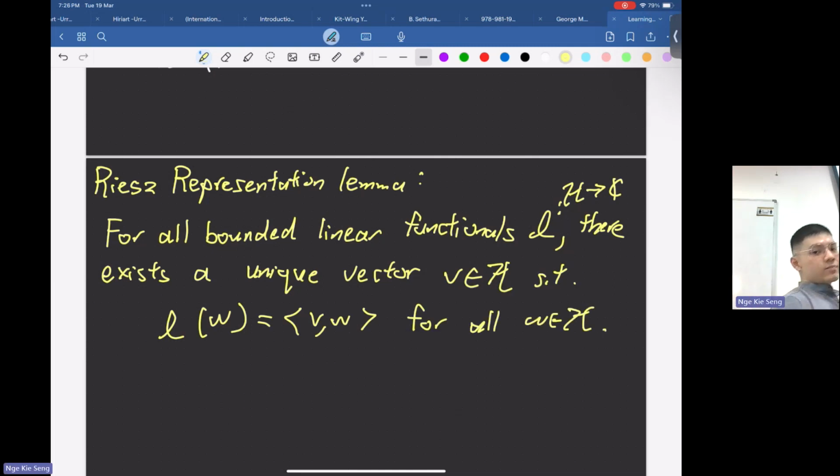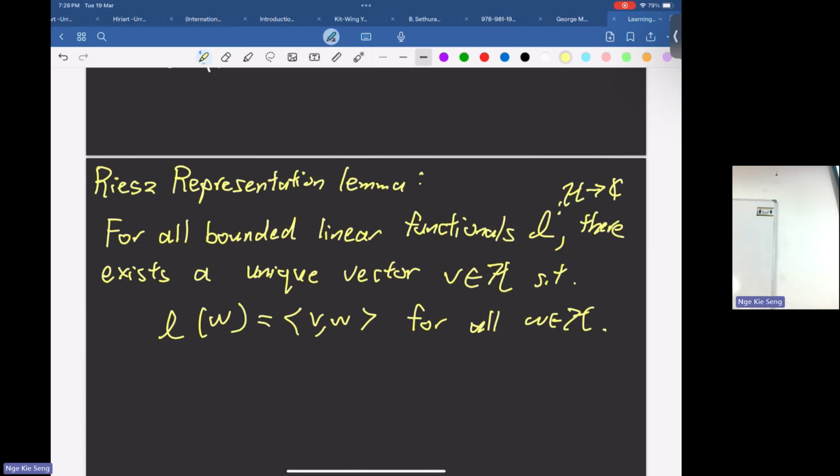Okay. This proof is actually not hard. If we consider ourselves to be in a finite dimensional vector space, it is not hard to prove, but we will use this result here.